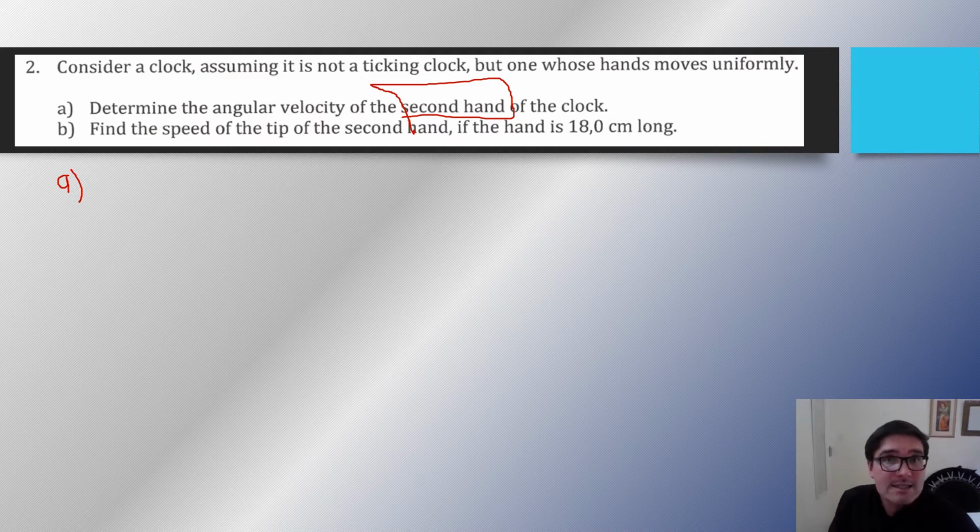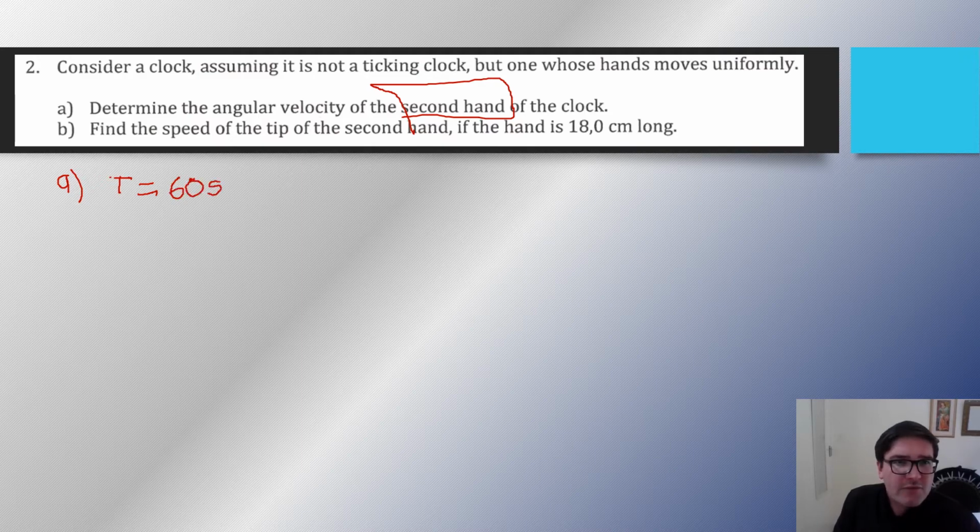Well, how long does it take for the second hand of the clock? It's the one that measures seconds. So in other words, it takes 60 seconds to complete a full revolution. The time for a full revolution we define as the period. So that time is equal to 60 seconds.